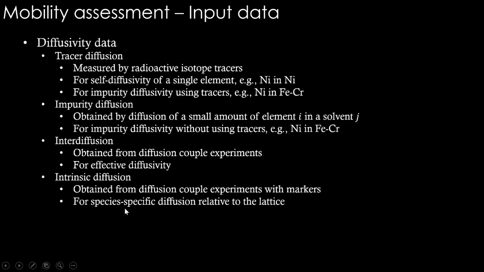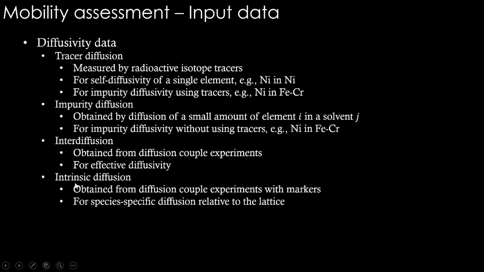This is for species specific diffusion relative to the lattice, meaning we said in the interdiffusion studies, effective diffusivity comes directly, right? Intrinsic diffusion can also come, but we need to use the diffusion couple experiments. We need to use something called markers, like Kirkendall markers. You can look up what Kirkendall markers are later, and that can be used to figure out a species specific diffusion, not the effective diffusivity.